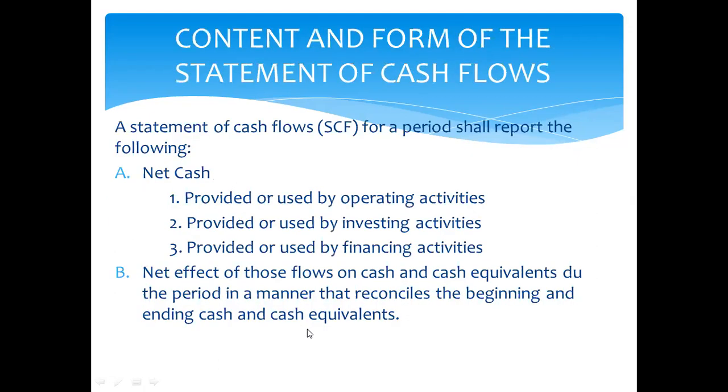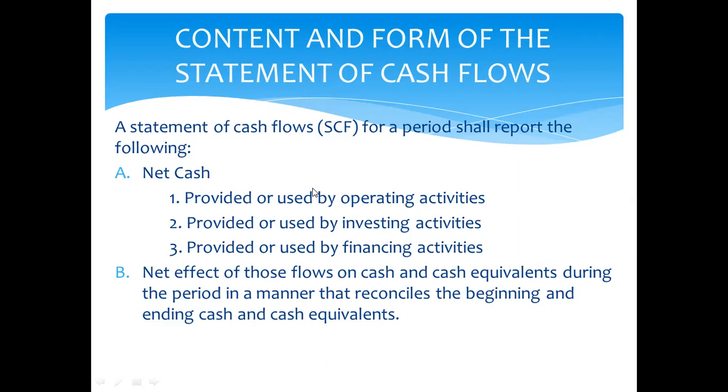Okay, so now, the content and form of the statement of cash flows. A statement of cash flows for a period shall report the following. First, the net cash. So what belongs under the net cash? Provided or used by operating activities, provided or used by investing activities, and provided or used by financing activities.